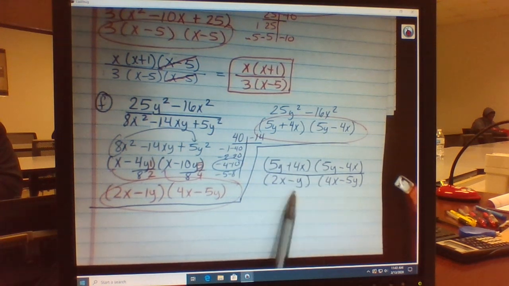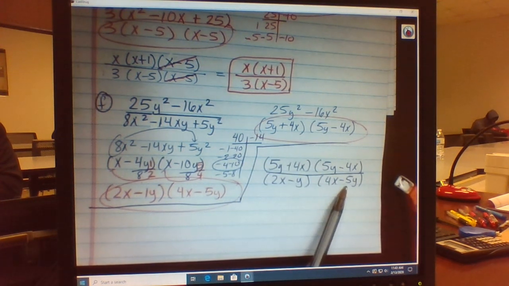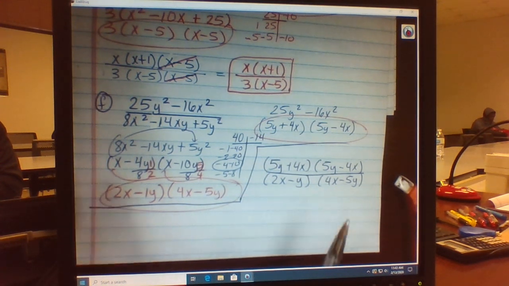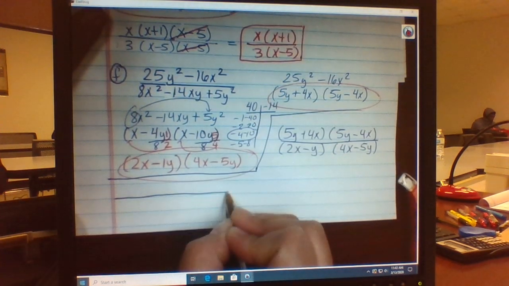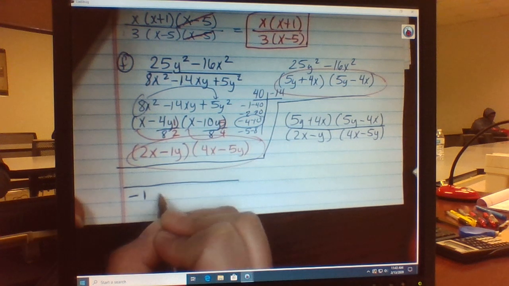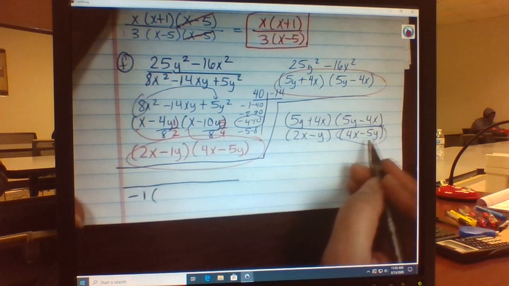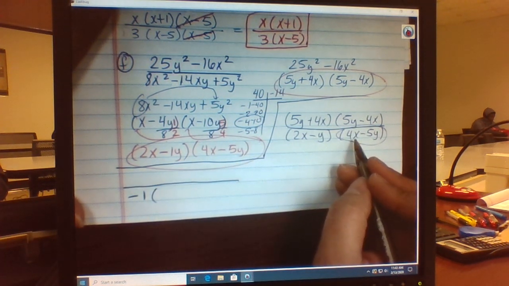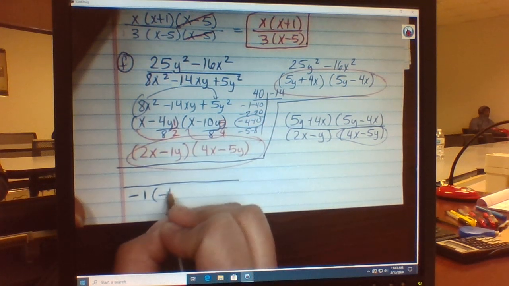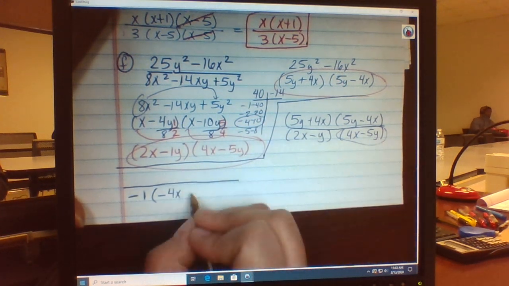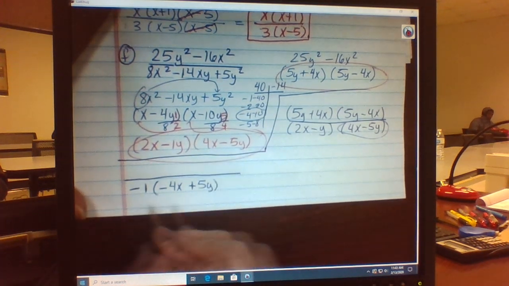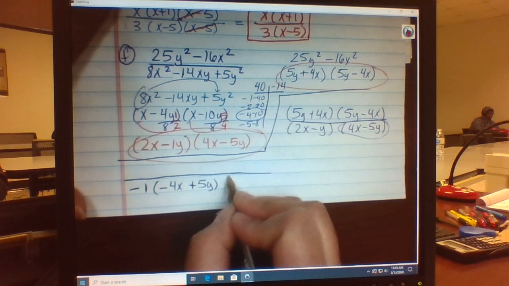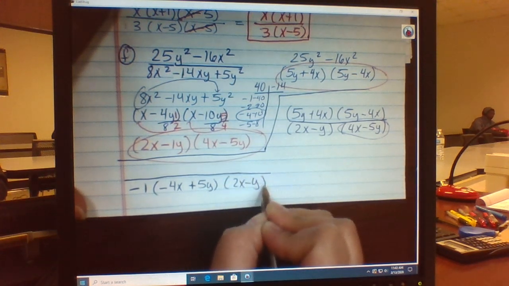These kind of look the same, but my 5 is what here? A negative. So if I take out a negative 1 from this part, that 4 is going to become negative 4, and that 5 is going to become a positive. So this is a little curveball where you could do this if needed.